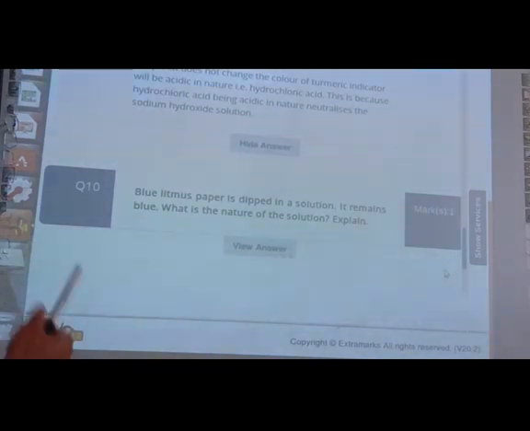The drop that does not change the color of turmeric indicator... The mixture of basic solution and neutral solution will be basic in nature and changes the color of turmeric indicator to red, so that is sugar solution. The drop that does not change the color of turmeric indicator will be acidic in nature, hydrochloric acid. This is because hydrochloric acid, being acidic in nature, neutralizes the sodium hydroxide solution.